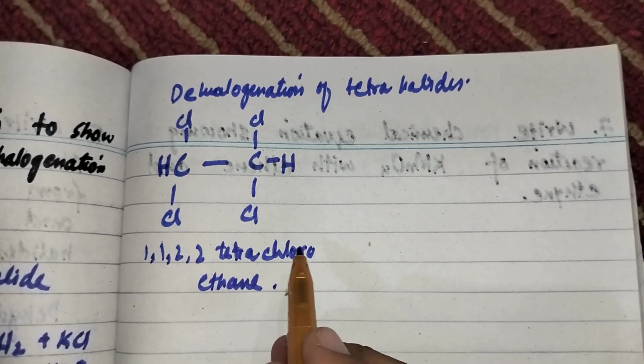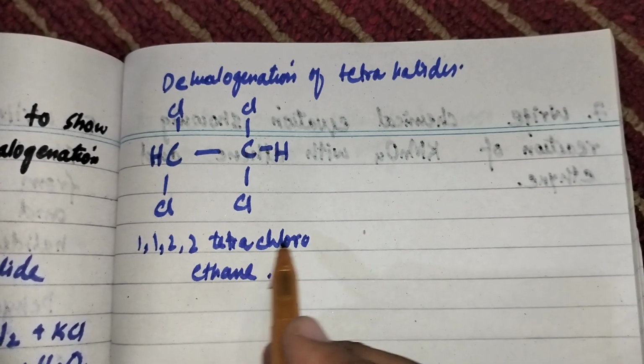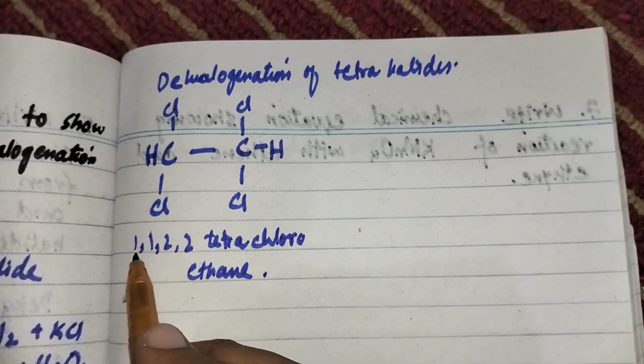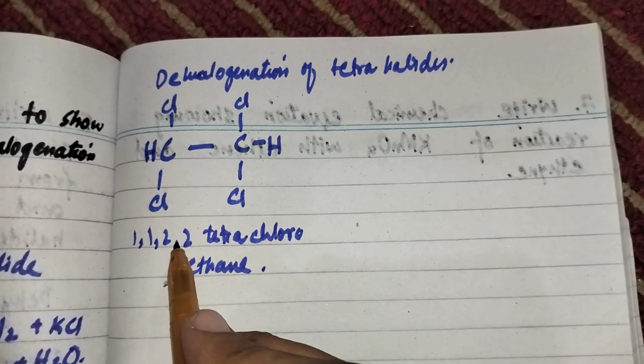Tetrachloro means that 4 chlorines are attached to the ethane molecule, and the positions of the 4 chlorines are 1,1,2,2. 2 chlorines are attached to the first position, and 2 chlorines are attached to the second position.